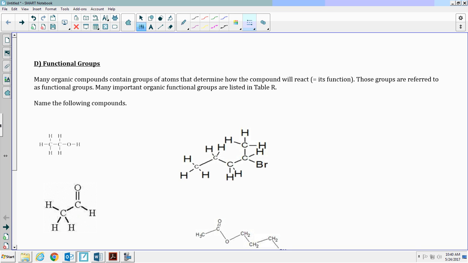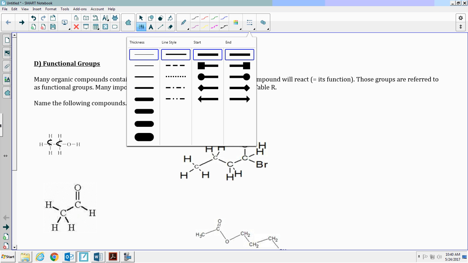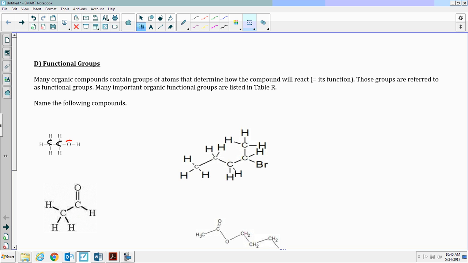If we look at the first example, this example has 2 carbon atoms and then a bunch of hydrogen atoms, but it also has an oxygen and a hydrogen in a row. So that is its functional group.